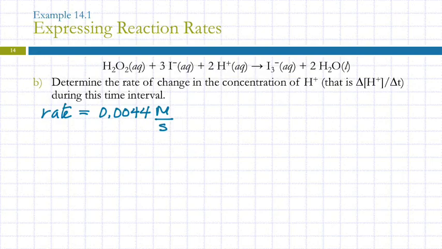So the rate in terms of the H plus concentration, well, H plus has a coefficient of 2. It's also a reactant, so it's decreasing. So we're going to have minus 1/2, 1 over the coefficient, times the change in H plus over the change in time.